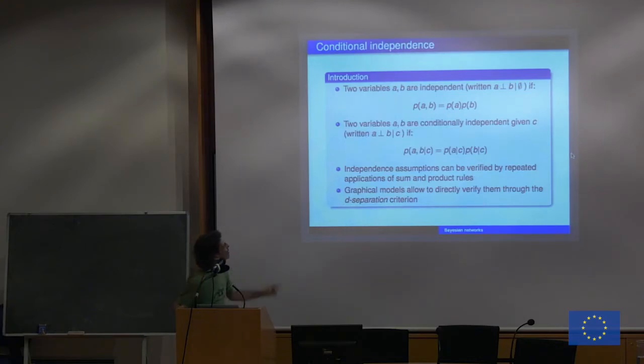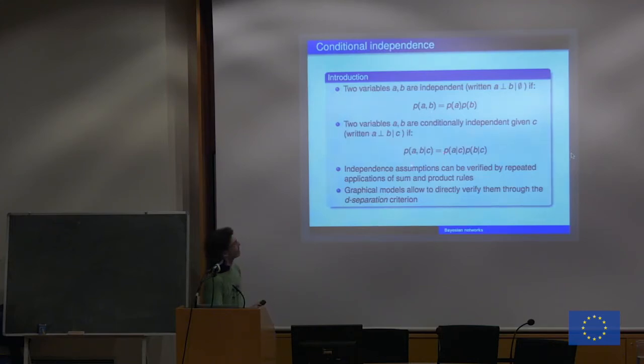Now, the notation is A independent of B given something, so that the non-conditional independence is A independent of B given the empty set. Now, the way to verify if independency holds is by applying probability rules in order to see whether a joint probability does decouple in this way.